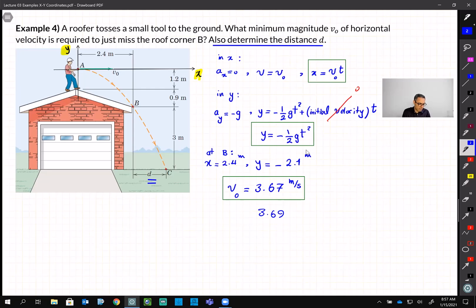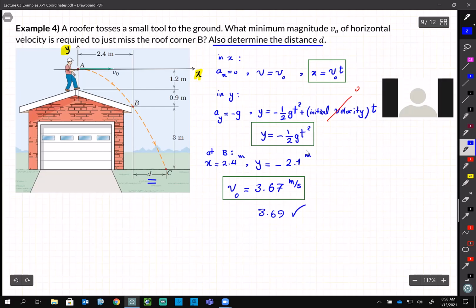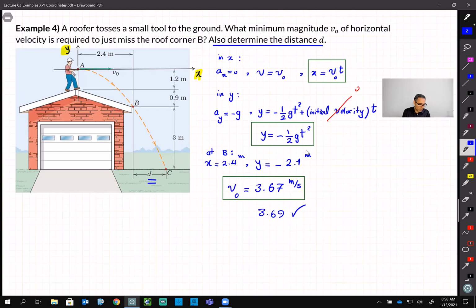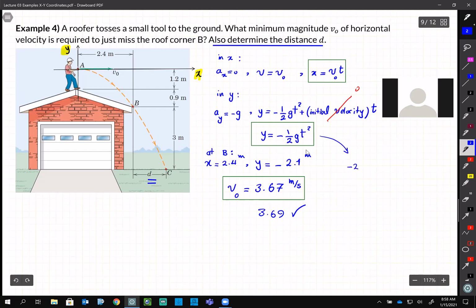I carry all the numbers, so there is not a huge difference, and in your exam this answer also is correct. For the y equation that we have, I write down minus 2.1 equals negative half g times (2.4 divided by V0) squared. This is how you did it, right?